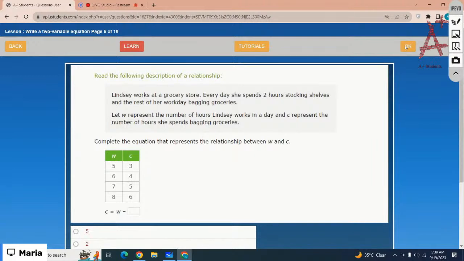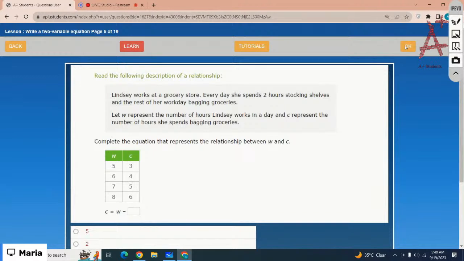Complete the equation that represents the relationship between W and C. So which is the correct option? 5 minus what number is 3? 5 minus 2 is 3. 6 minus 2 is 4. 7 minus 2 is 5, and that means you have to subtract 2 every time, right?